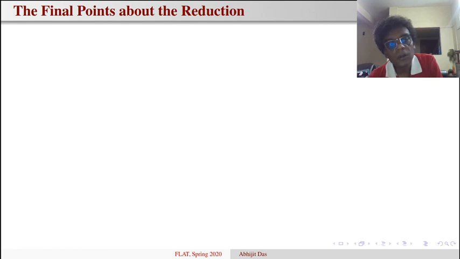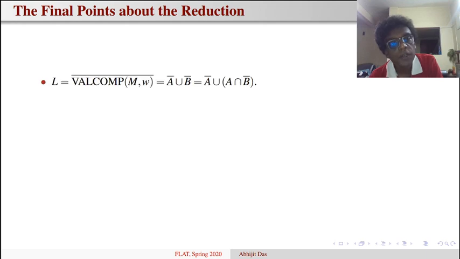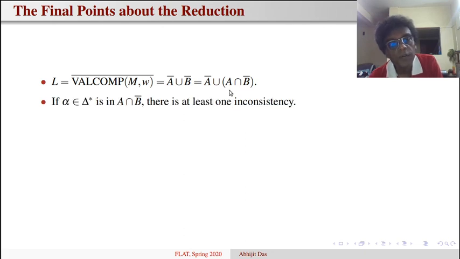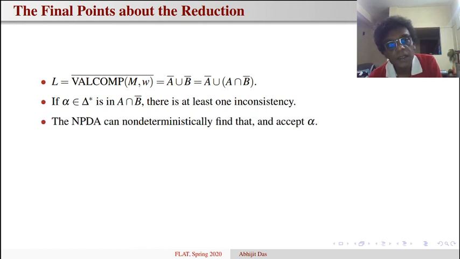So, to wind up, what have I proved? L, our language of interest, is the complement of VALCOMP(M, w), which is the union of A complement and A intersection B complement. We wanted to prove that L is a context-free language. So we have proved that if alpha is in delta star, in this set, there is at least one inconsistency, and the NPDA of the last slide can non-deterministically find that and accept alpha.